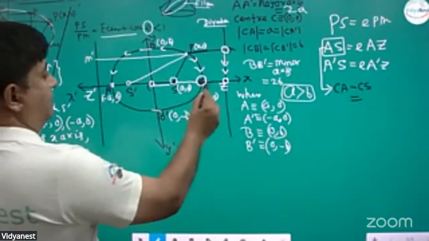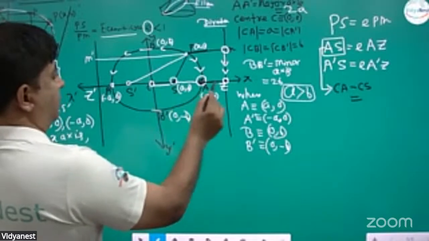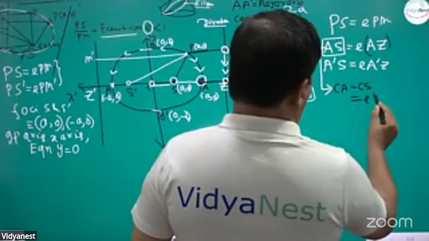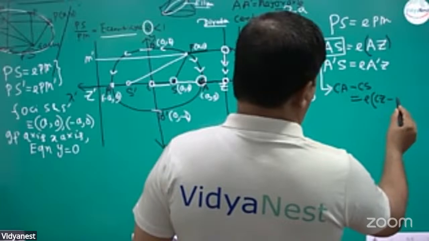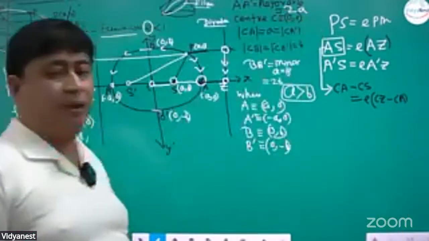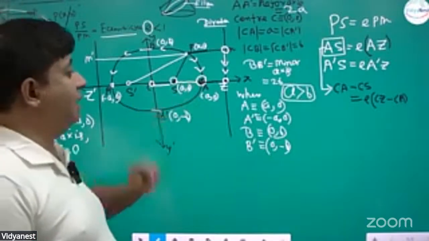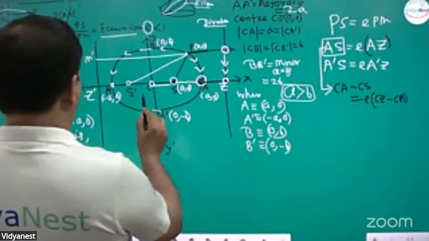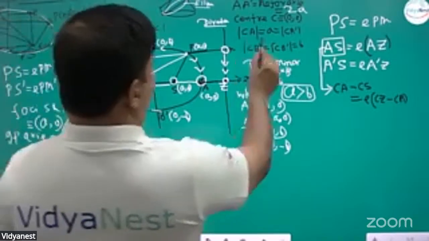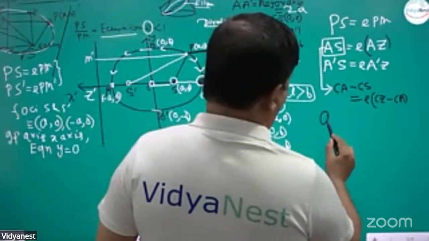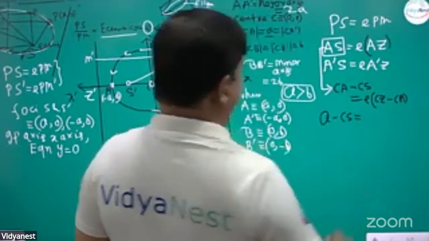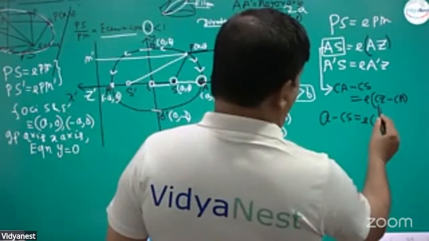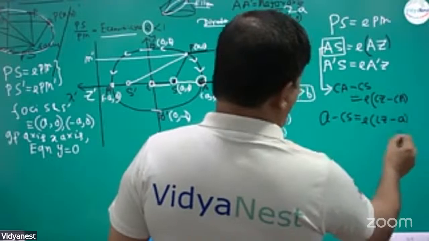And instead of AZ, I can write CZ minus CA, so e into CZ minus CA. What is CA? CA means that length. CA, we have taken a. So I can write a minus CS equals e into CZ minus a. Okay?